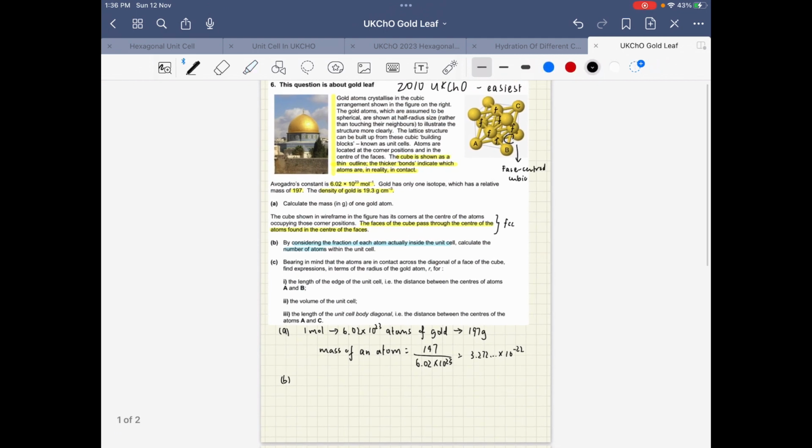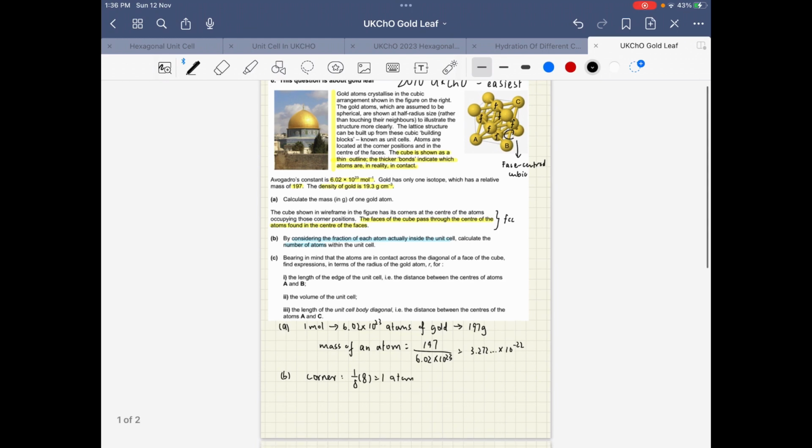When we look at this unit cell, there are 8 gold atoms on the corners, so that is 1 over 8 times 8, which is one whole atom enclosed by this unit cell. On the faces, because it's a cube, I have 6 faces, so it will be 6 times half, which is 3 atoms.